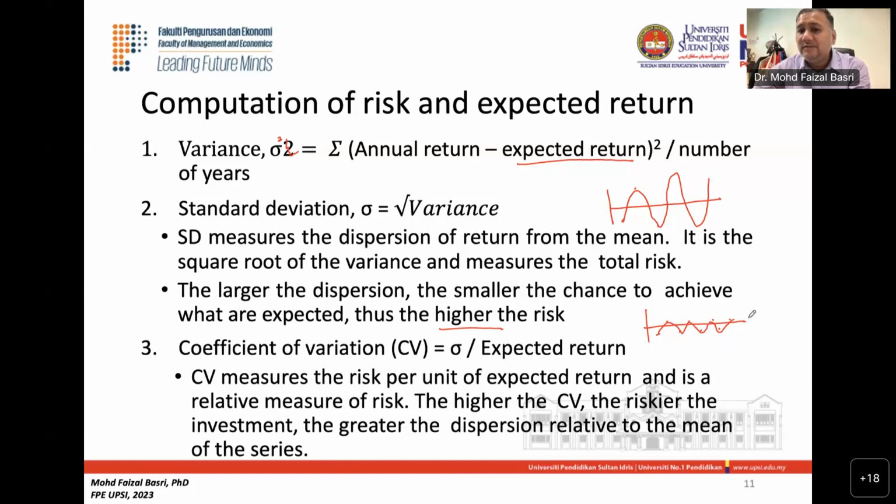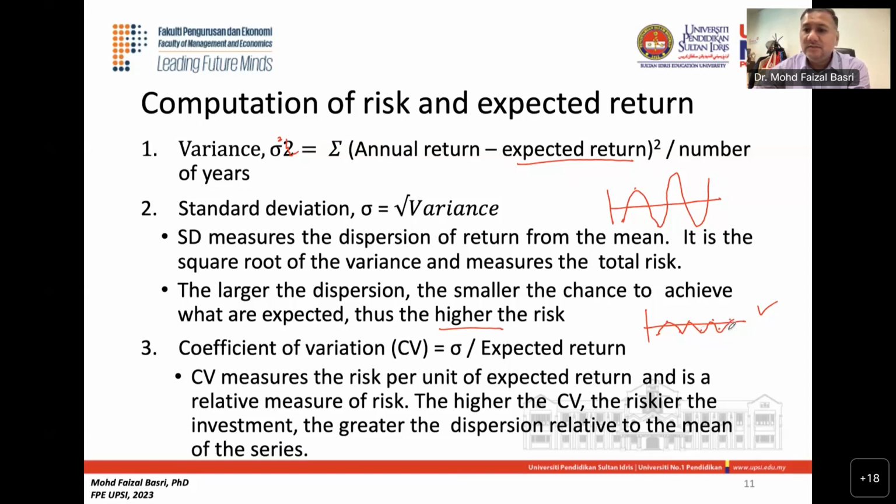So not much different as compared to this one, because the difference is extreme, right? So if you have these extreme differences, it obviously indicates higher risk. So in investment, obviously, we will try to find this kind of returns so that we can manage our expectations, right?